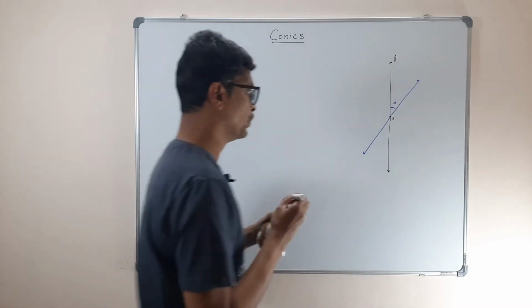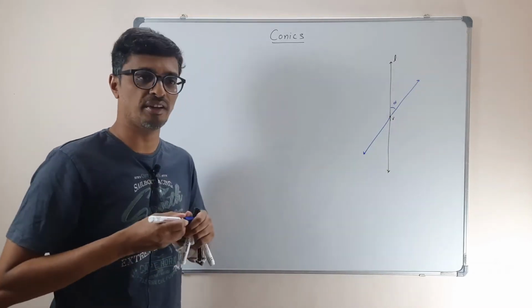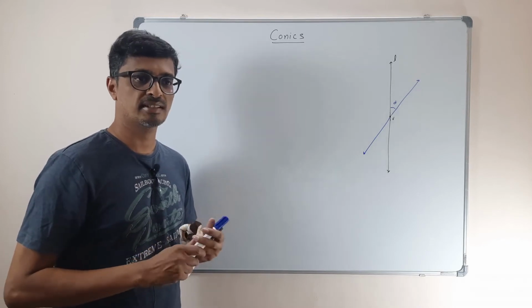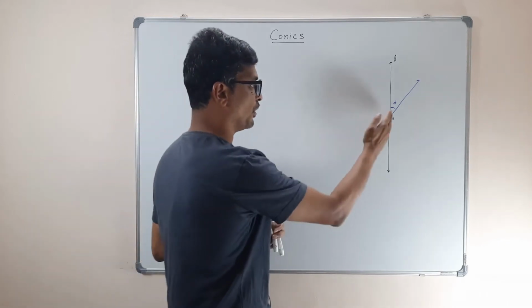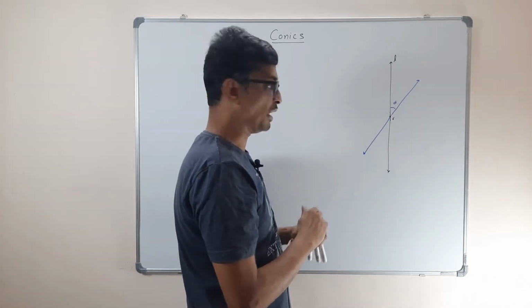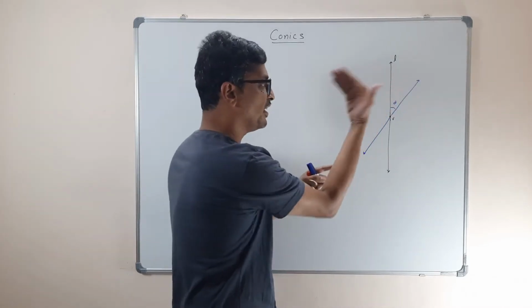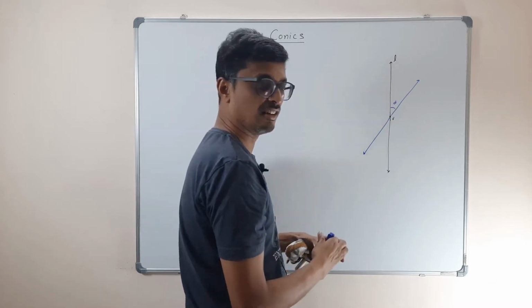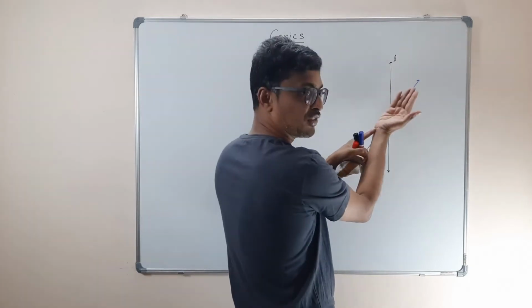Now if I ask you, how many such lines can you draw? The line should pass through the point V and should make an angle alpha. You can draw infinite lines, right? Because you have to make all possible lines, like in a cone way.